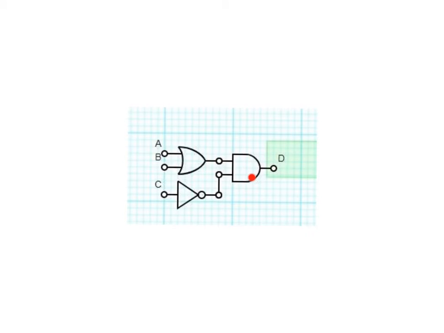So here we've got an AND gate, a NOT gate, and an OR gate. So here I can say if A is 1 or B is 1, then the output here will be 1. And then so that's half the AND gate fulfilled. And then here, well, if C equals 1, then the output going through here is now 0.